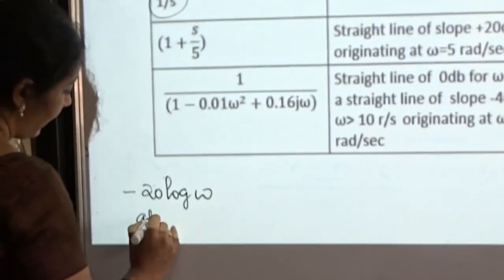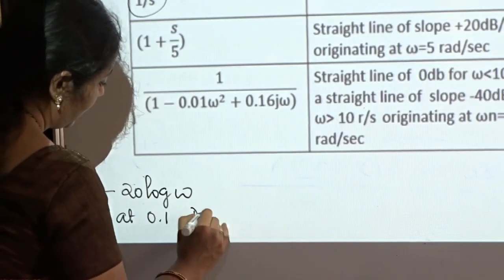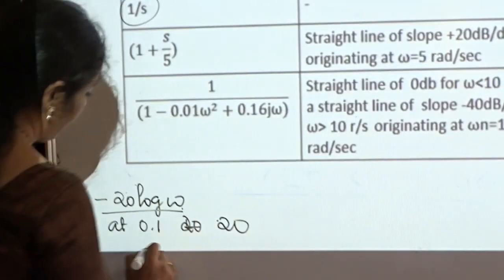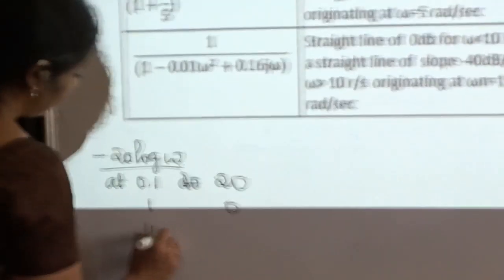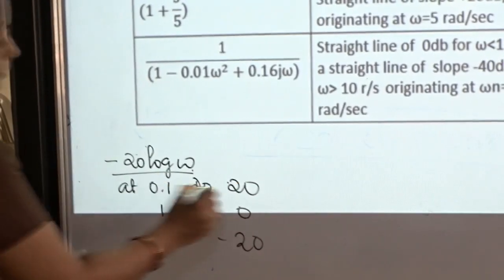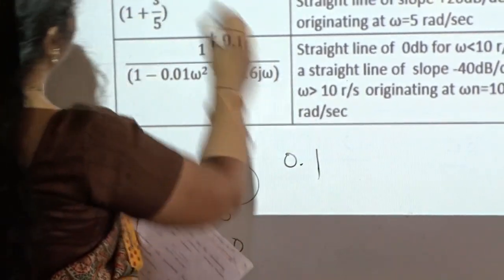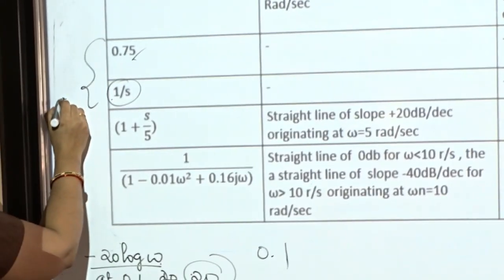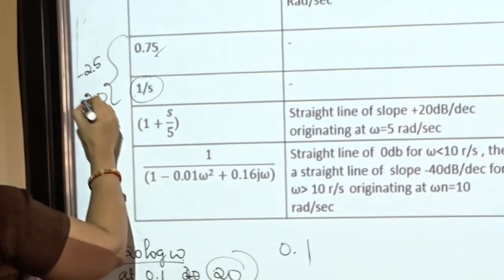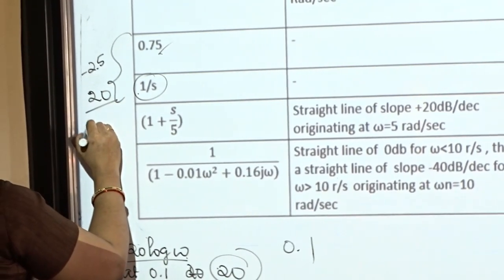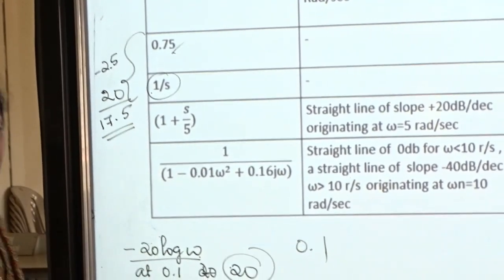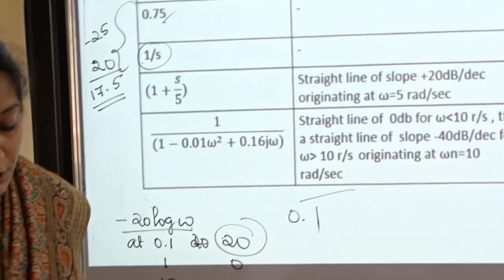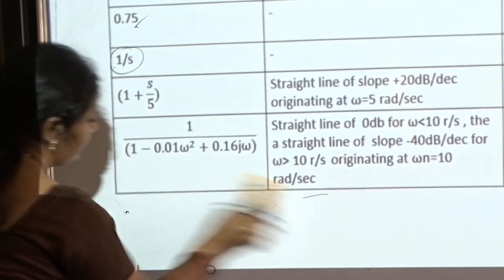At 0.1, the gain will be 20. At 1 it is 0 and at 10 it is minus 20. So at 0.1, the magnitude due to this is 20 and this is minus 2.5. When I add the resultant values, you get 17.5. That is what we have got here. Directly from the table also you can get it, or you can substitute in the equation and find out where to start.